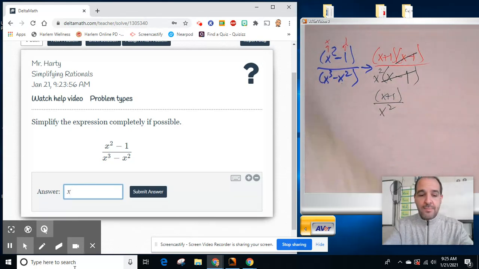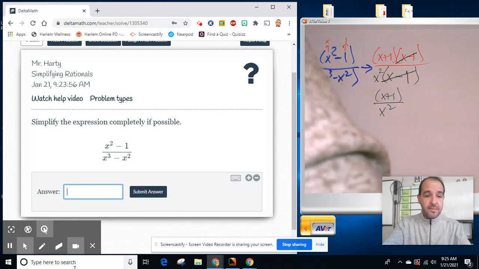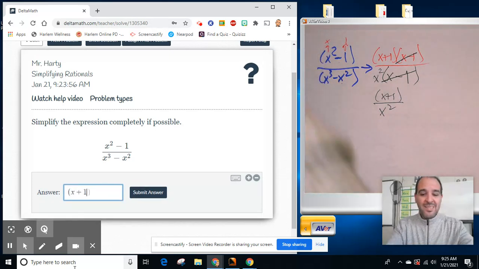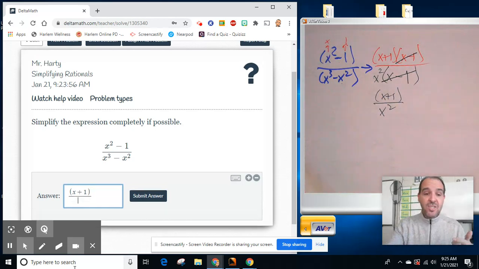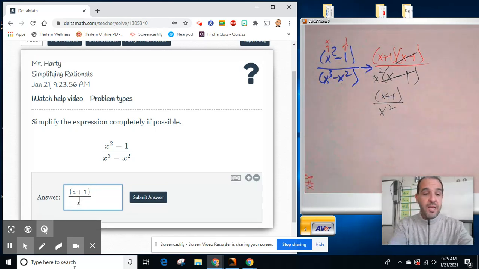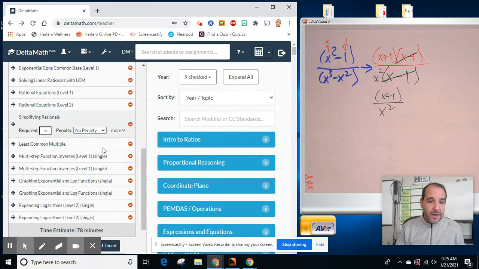If you do x plus 1 divided by x, oh, Hardy, that's not what I'm trying to write. Right, that's why you use the parentheses. This is why those of you that have done your Delta Math stuff as you go along, it's going to pay a dividend for you here because you're not going to get screwed up on that. Well, and hopefully if you've watched this now, you don't get screwed up on it either.